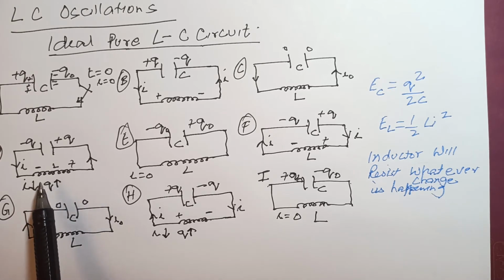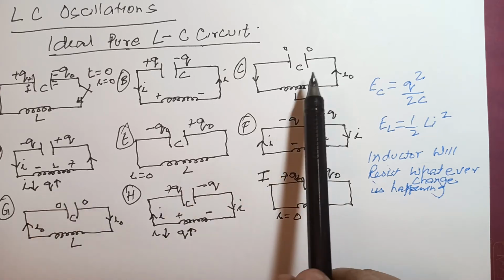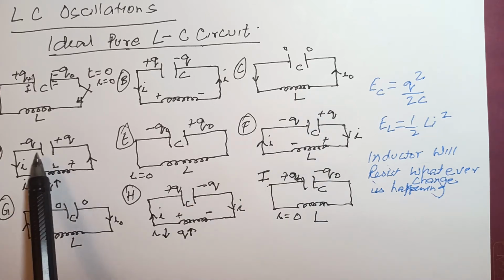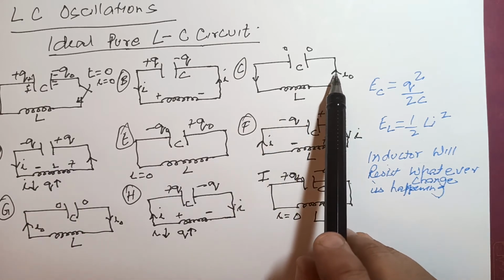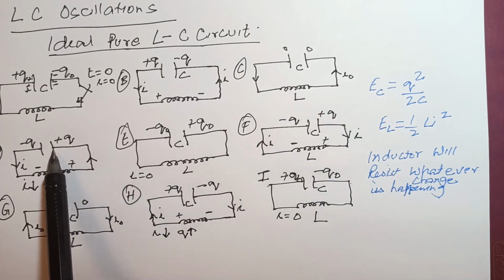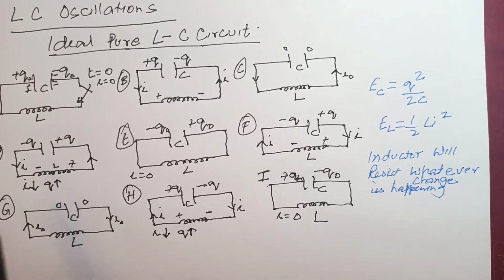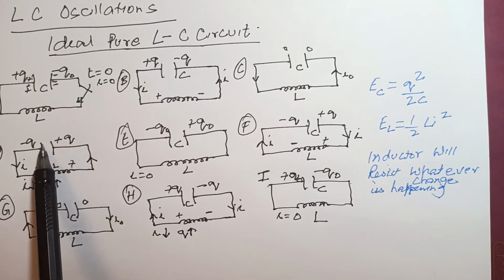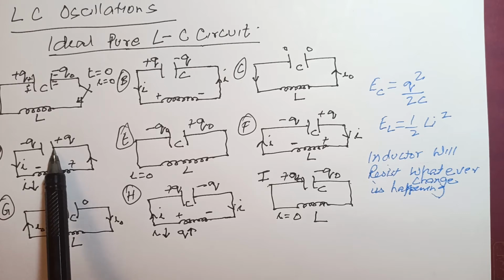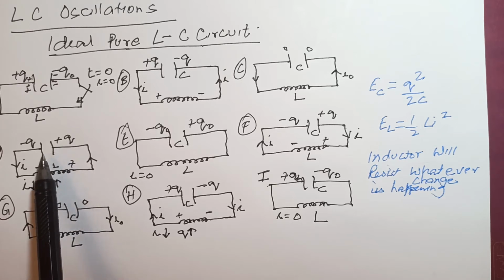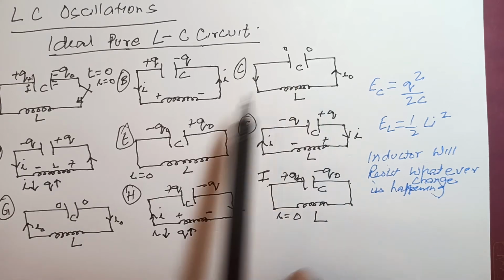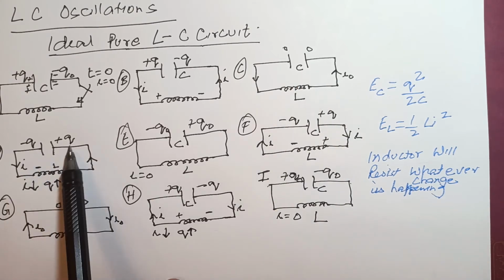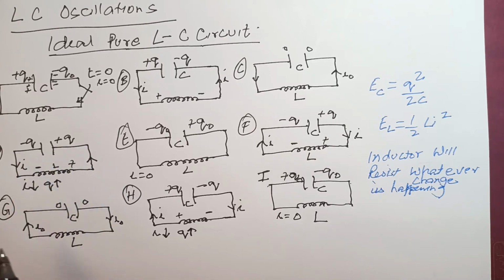Let me reiterate the fourth one again. In the third one, which we left, the current was in this direction. So this will become the positive end and this the negative end. The current, which was 0 at the earlier stage, will flow like this, and very soon it will be plus q and minus q.